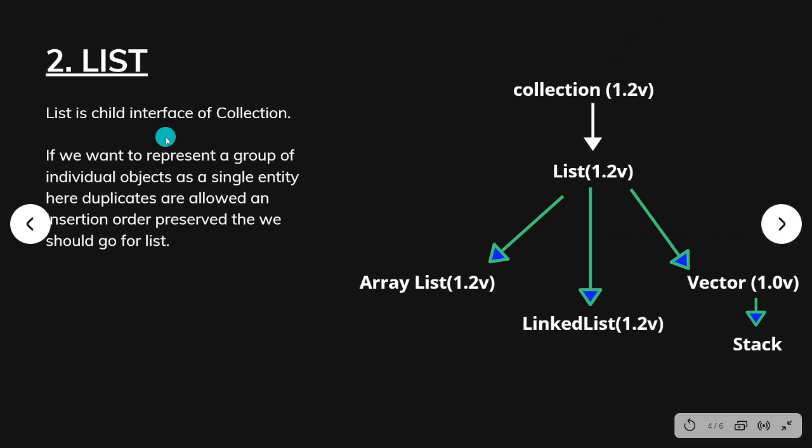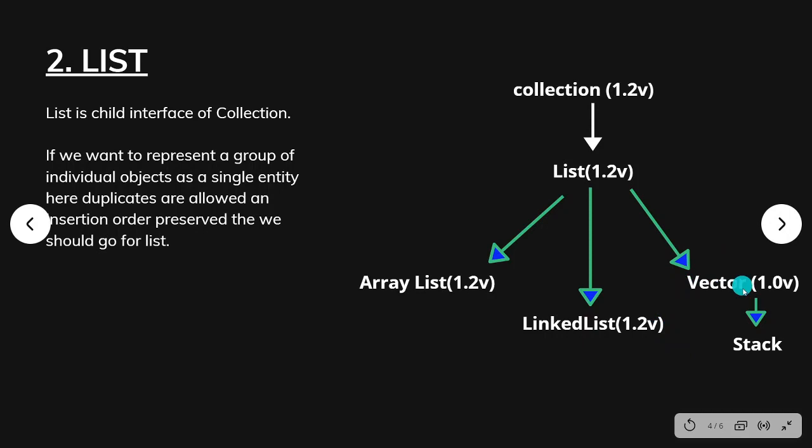So let's see our second interface, that is list. List is the child interface of collection. Here 1.2v means the version of Java. Collection came in 1.2 version of Java. List also came in 1.2 version. ArrayList also came into 1.2 version. LinkedList also came into 1.2 version.